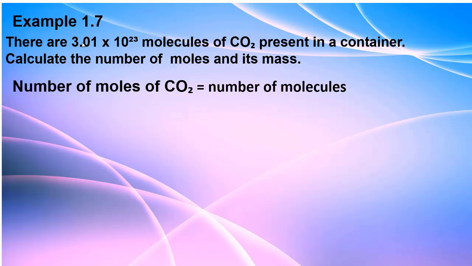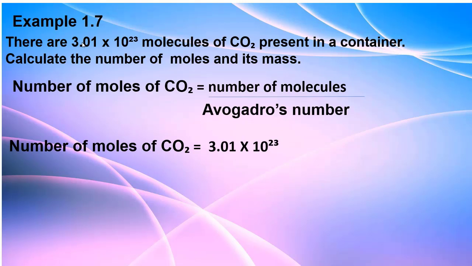So first of all we calculate number of moles by applying the formula number of molecules divided by Avogadro's number. So number of moles of carbon dioxide is equal to number of molecules, कितने given है, 3.01 into 10 raised to 23, when it is divided by the Avogadro's number which is 6.02 into 10 raised to 23, the answer is 0.5 mole.